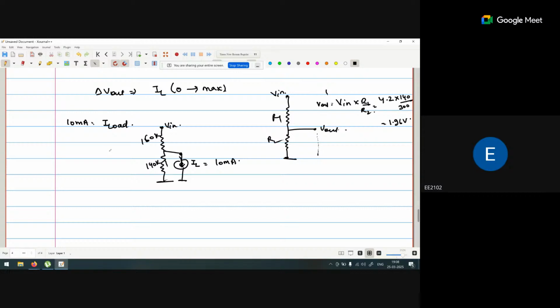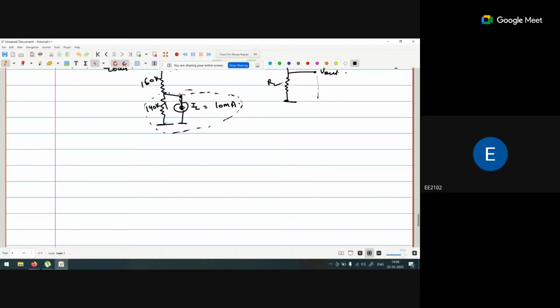This particular circuit will behave as a voltage source connected in series with a resistor. So we have V in, 160K, 140K.